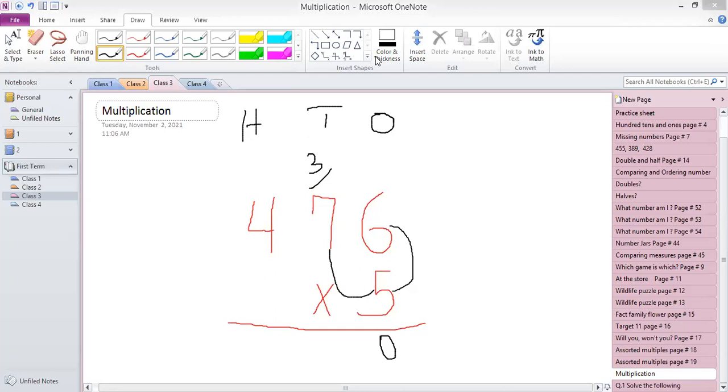Ahmad Yusuf. Yes, sir. 5 by 6, 30, 0 here, 3 here. After that, what will we do? 5 by 7. Solve this question. 476 by 5. Yes, equals 0. Okay, 3 here, carry. And 3 plus 5 equals 8.